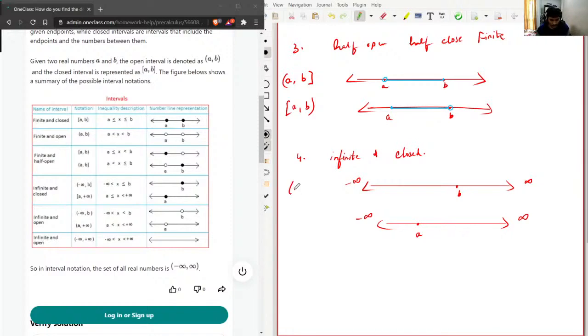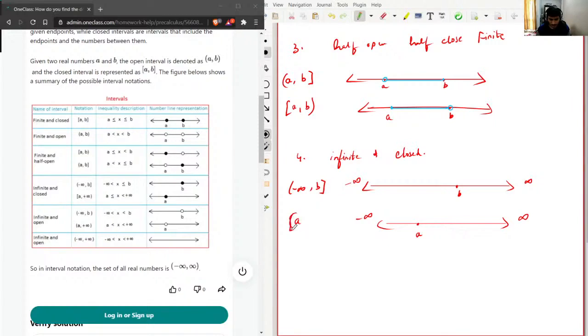Basically, we never write a square bracket with infinity, because infinity is not a defined number, you cannot include the value. So therefore we always write infinity with a curly bracket, and here b is included, and it is again a closed interval.